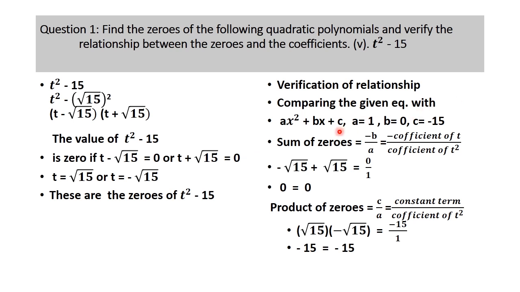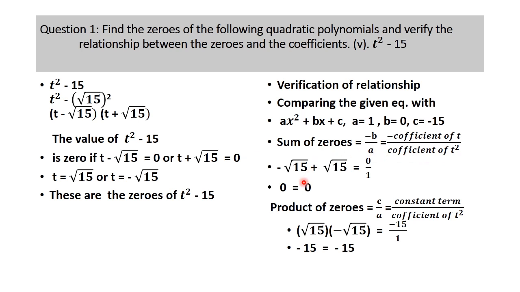comparing the given equation with the standard equation ax square plus bx plus c. Here a is 1. Now b is 0 because we have no term containing t, so the coefficient of b is 0 and the constant term is minus 15. Now the sum of zeros, minus b upon a, minus coefficient of t upon coefficient of t square.